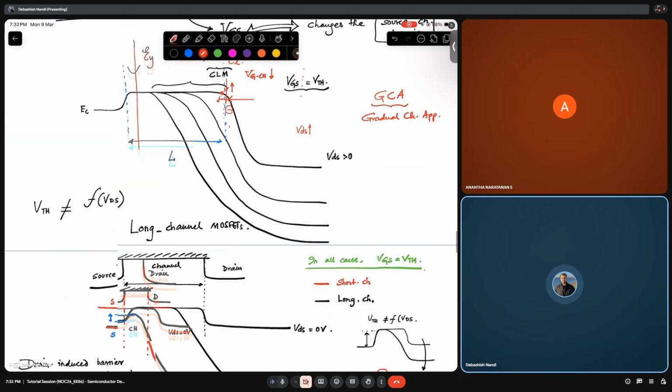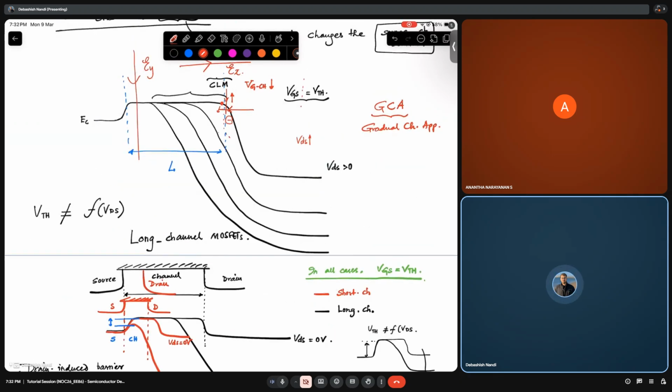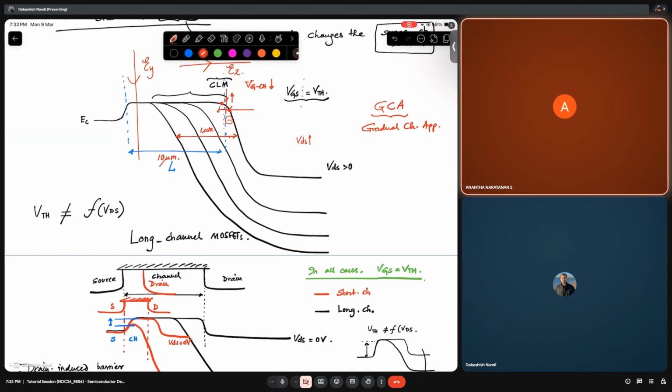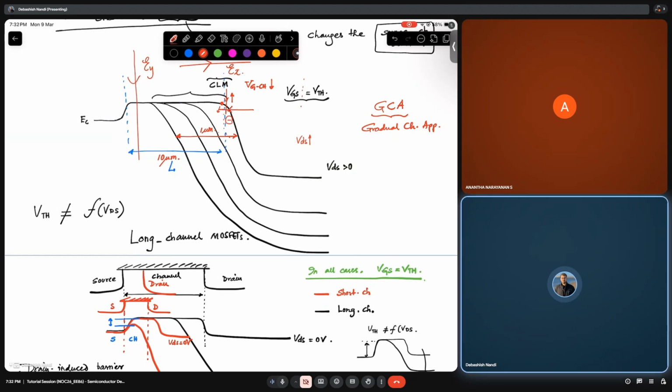Basically, let's say your depletion region spread is 1 micrometer, and your channel length is 10 micrometer. So in 10 micrometer, if you take up 1 micrometer, it will not matter, right? Still my source is 9 micrometer away.